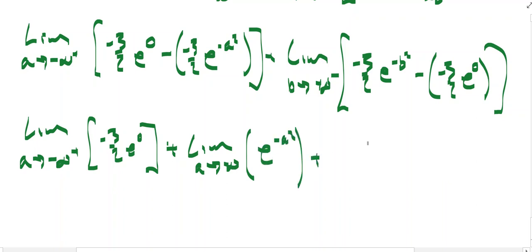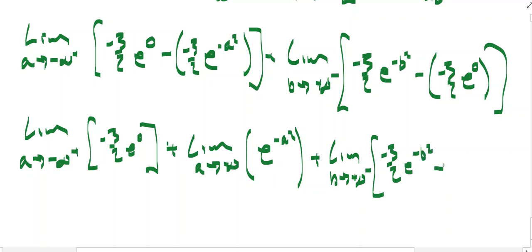And then breaking these into two as well, we have the limit as b approaches positive infinity from the left of negative 3/2 e to the negative b squared, plus, minus the negative, plus the limit as b approaches positive infinity from the left of 3/2 e to the 0.